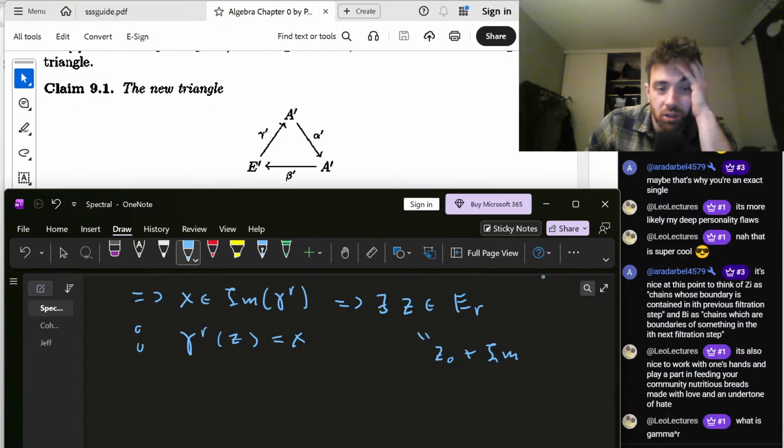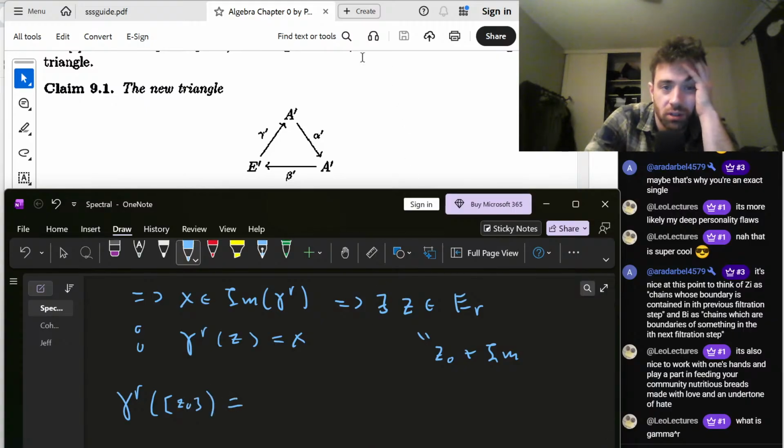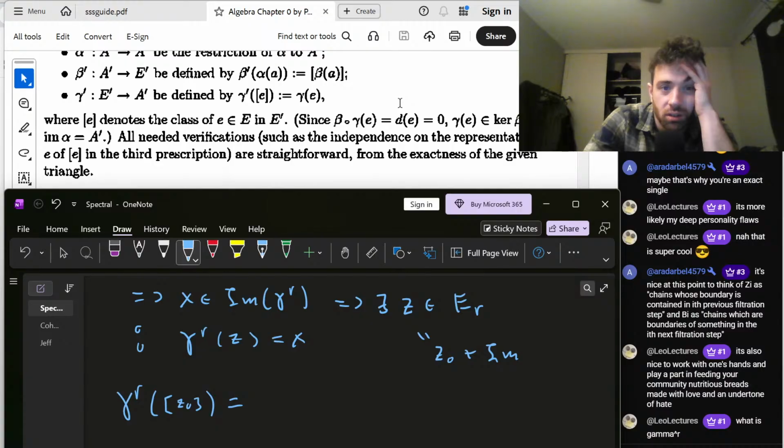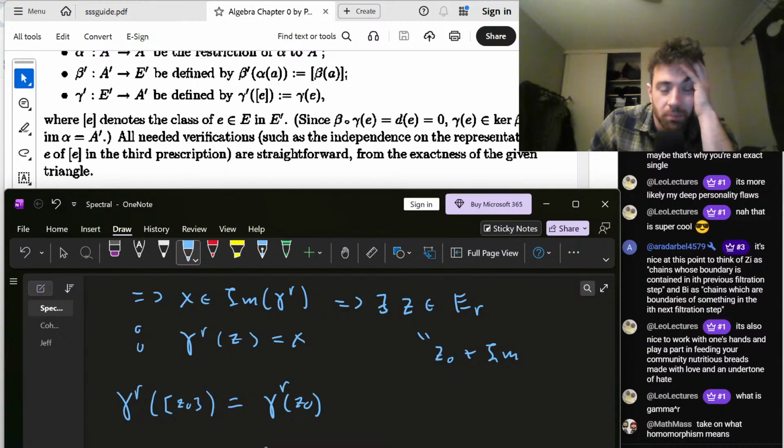What is gamma R? Gamma R is defined, I mean, it'll eat the equivalence class of some element. How is it defined? And it just sends it gamma of, well, R minus 1, I guess the previous step here.